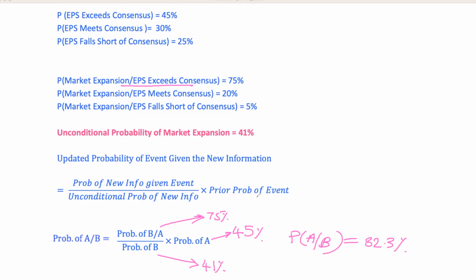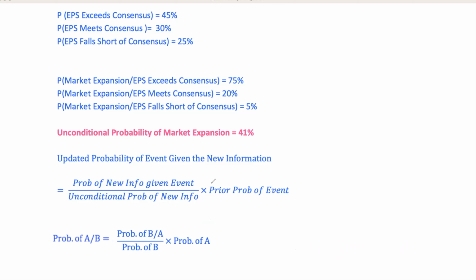The initial 45% probability represents a general guess before considering any specific information. The news of expansion suggests something positive about the company's performance, tilting the odds towards exceeding EPS. Bayes' theorem mathematically accounts for this shift, resulting in a significant increase in the probability to 82.3%.